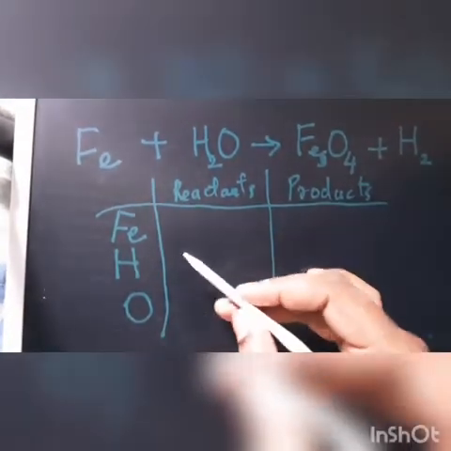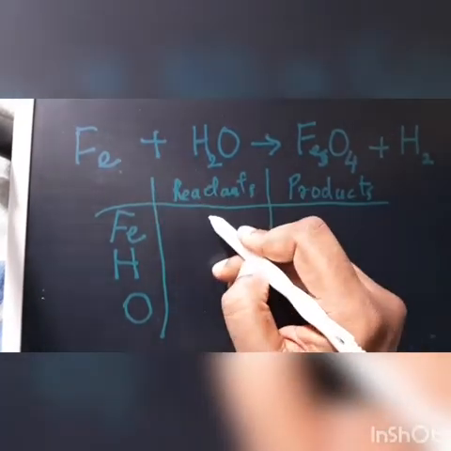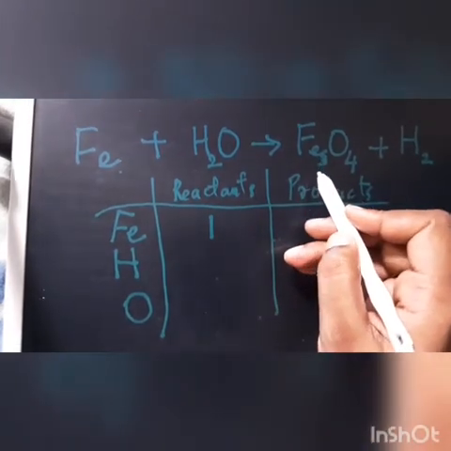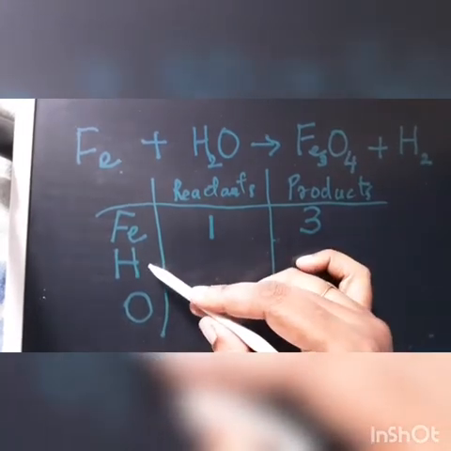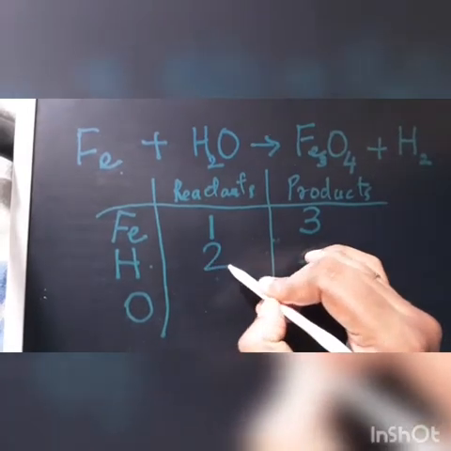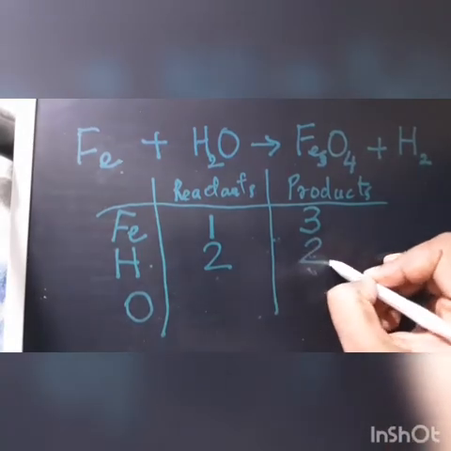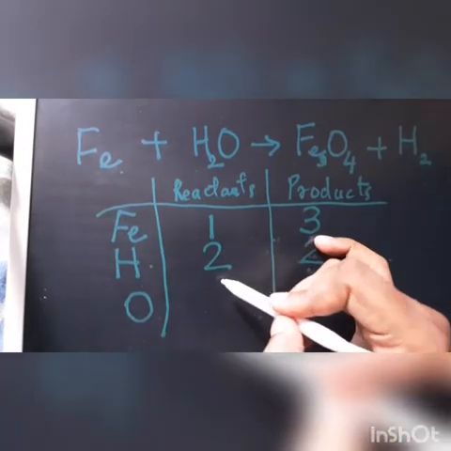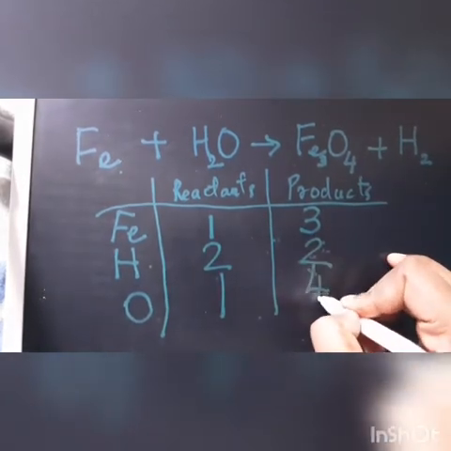Fe: in the reactant side, how many iron atoms are there? 1 atom. In the product side, Fe3. Now coming to hydrogen, in the reactant side, hydrogen is 2, whereas in the product side, same 2. Oxygen: in the reactant side, it is 1, and in the product side, it is 4.